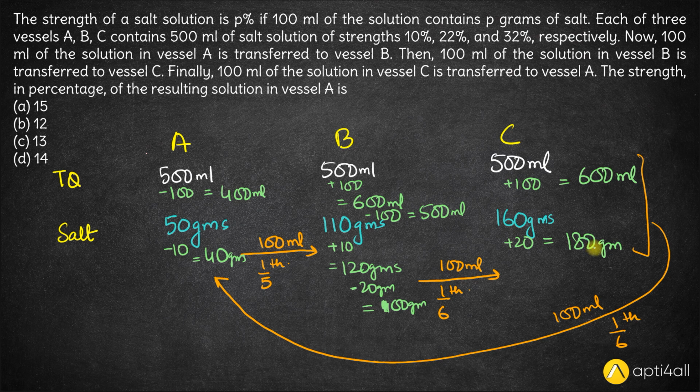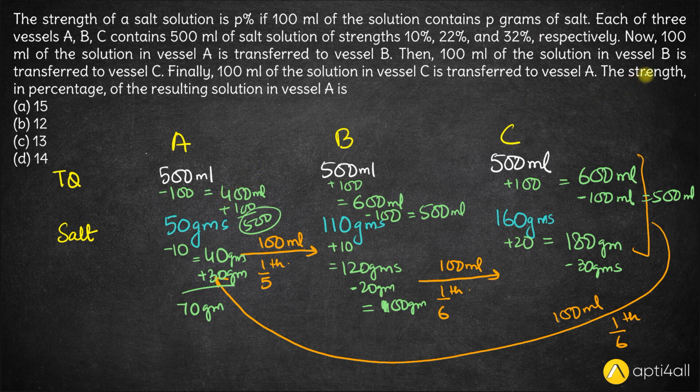So the amount of salt getting transferred will be 1/6 of 180, that is 30. So the salt will reduce by 30 grams here, and it will increase by 30 grams over here. So the total salt here will become 70 grams, and this will reduce by 100 ml and become 500 ml, and the total quantity here will be 400 that was left here plus 100, which is 500 ml.